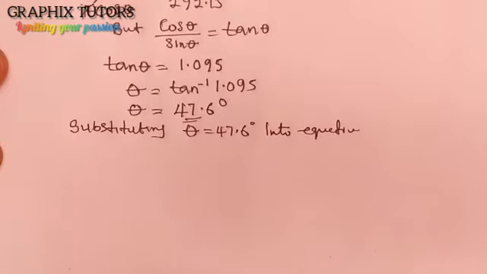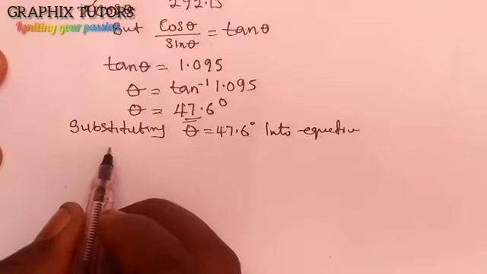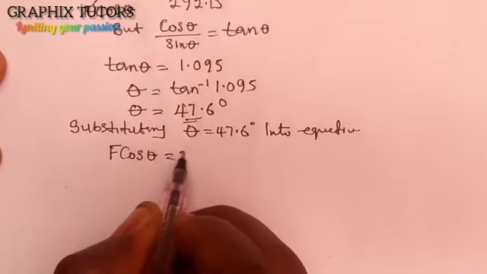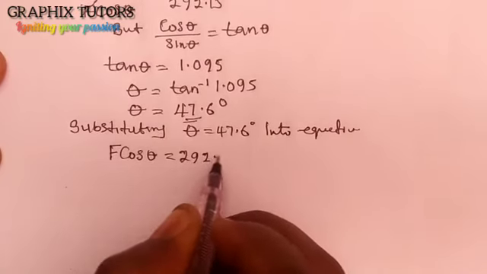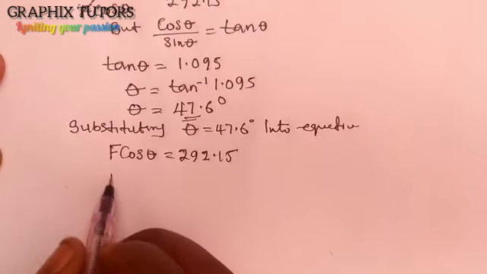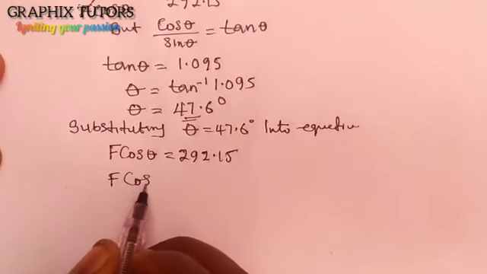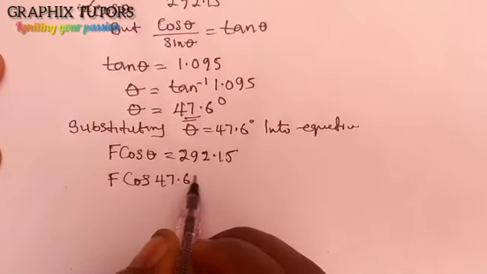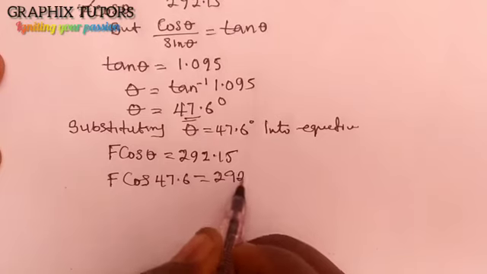So f cos theta is equal to 292.15, so f cos 47.6 equals 292.15.